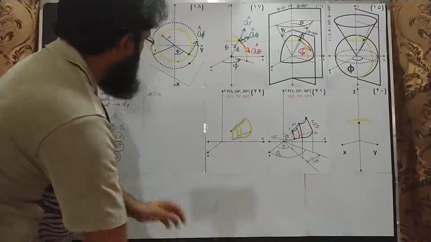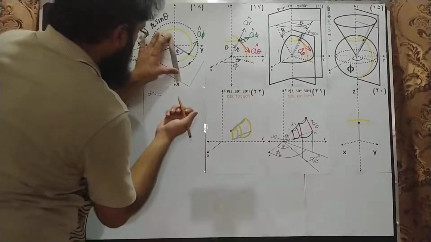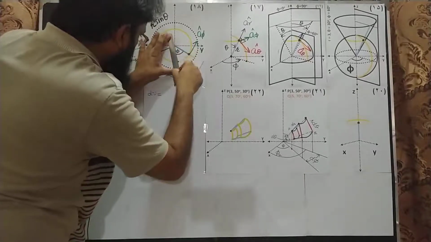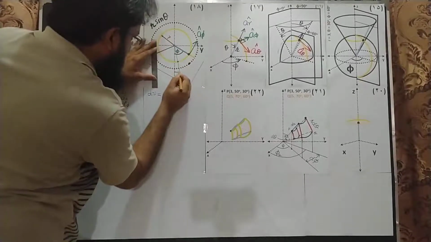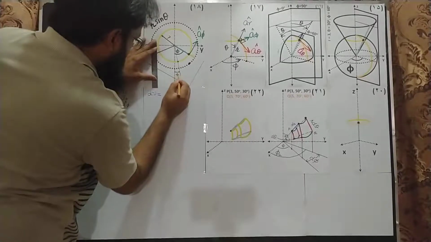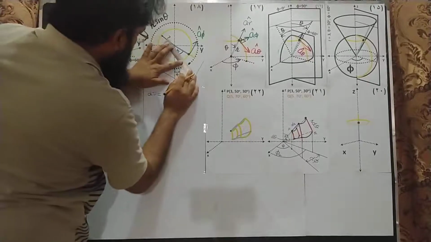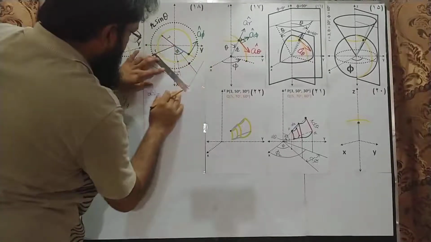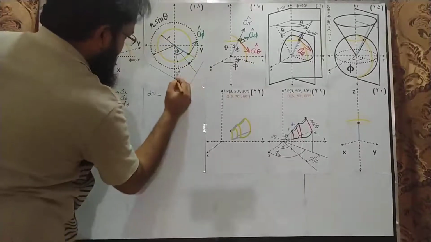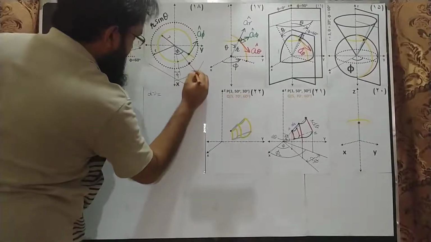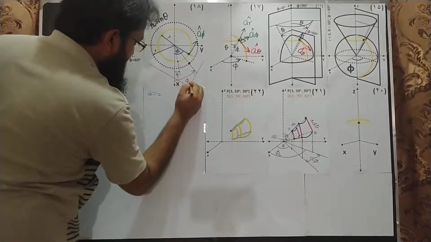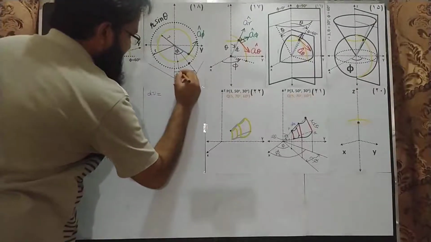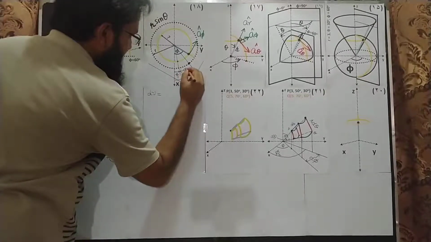So now this is point P and point Q, and this line should make angle phi 1 with respect to the x-axis, and this line should make angle phi 2 with respect to the x-axis, and the difference between the two is nothing but d phi.